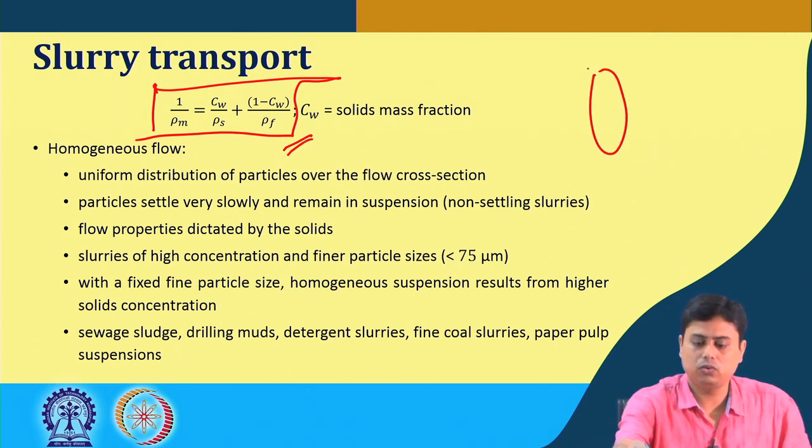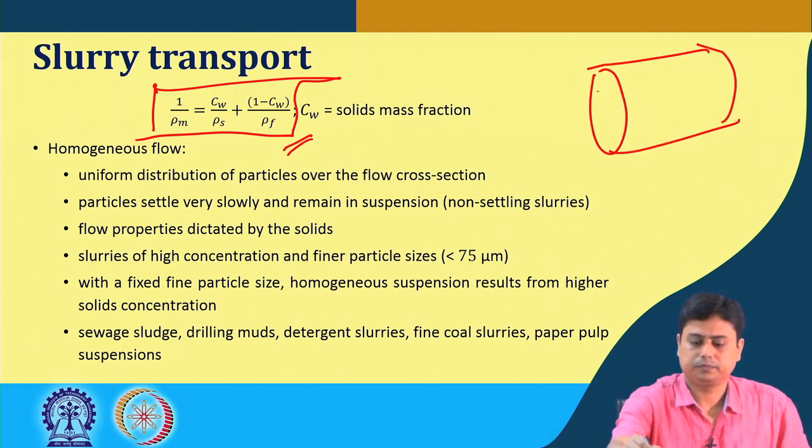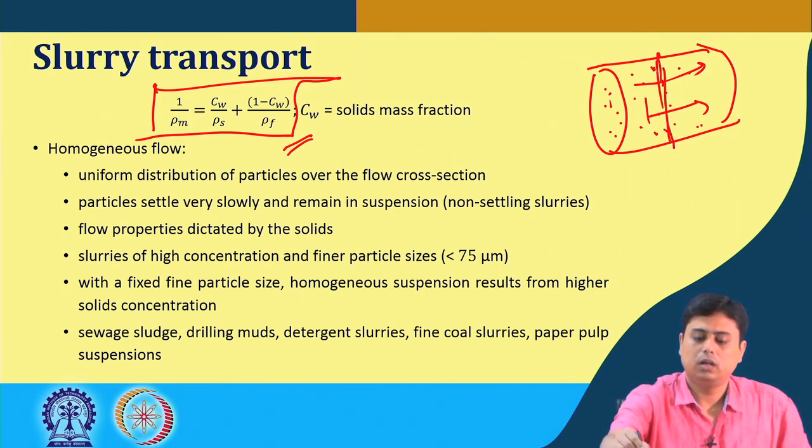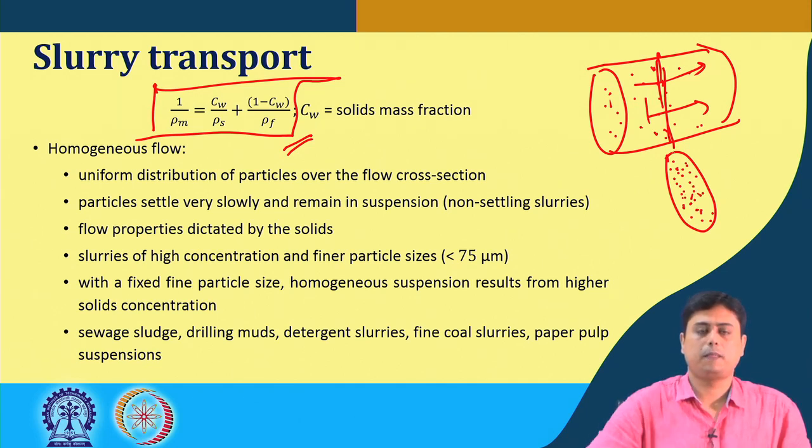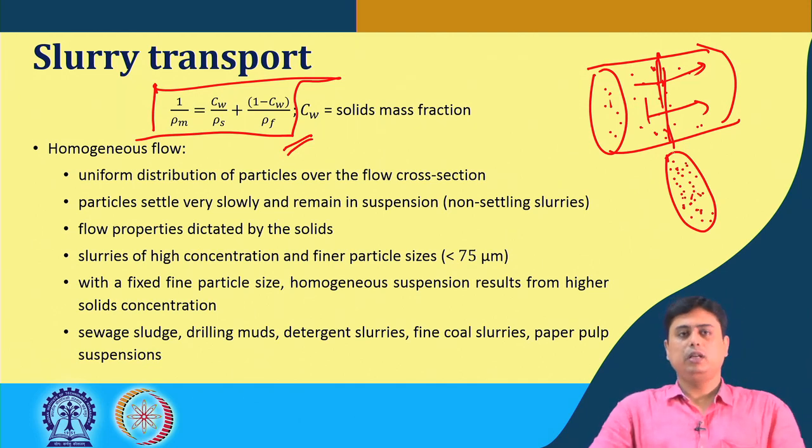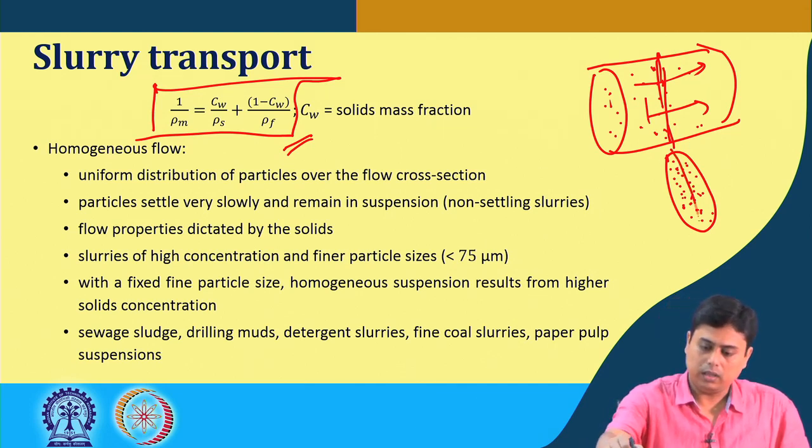When it flows through the pipe, the fluid is flowing containing the solid particles. At a certain cross section, for the homogeneous case, there should be a uniform distribution of the particles, or there shouldn't be any concentration gradient in this cross section.